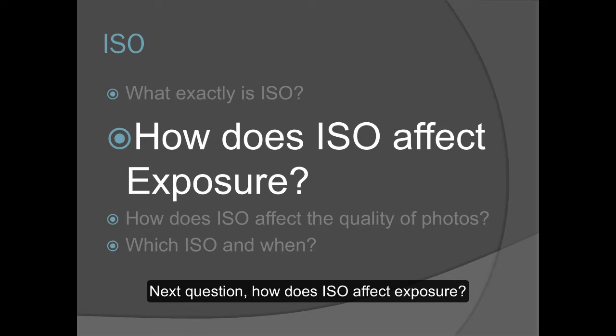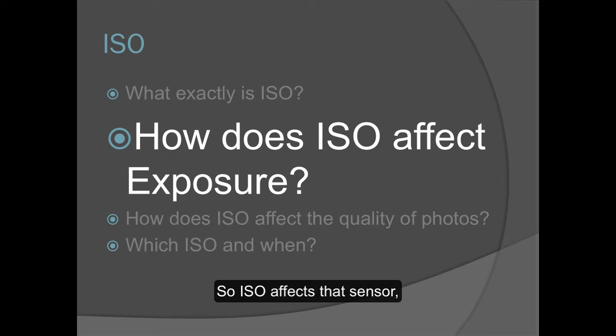Next question. How does ISO affect exposure? Like we mentioned, ISO is one of the three determining factors of exposure of a photo. Along with ISO, we look at aperture and shutter speed. ISO affects the sensor.